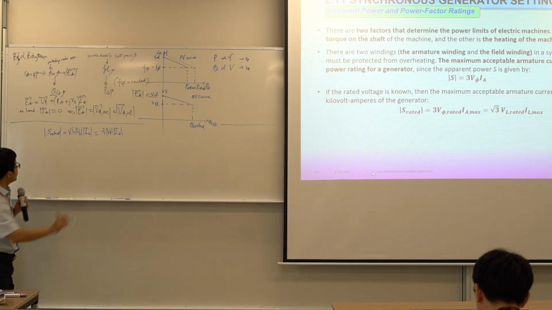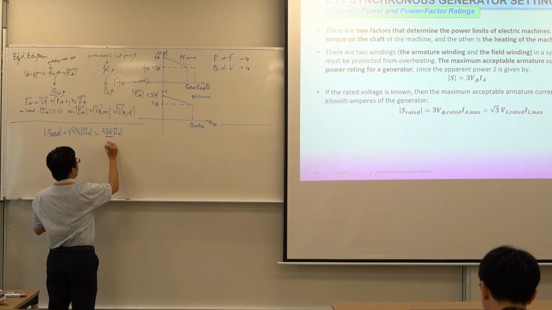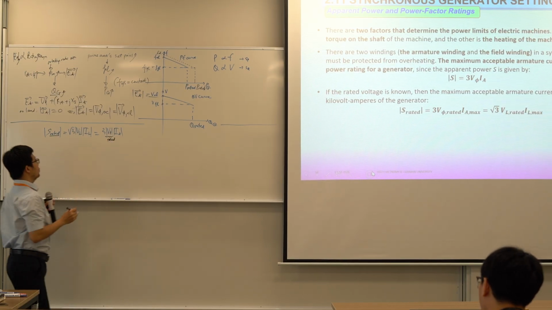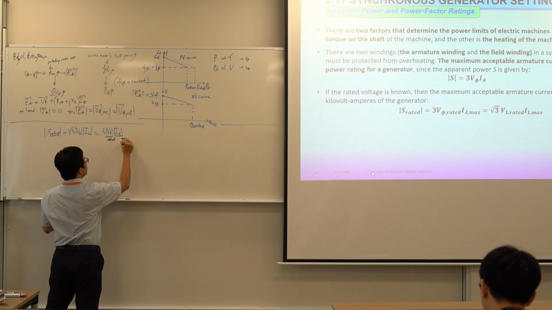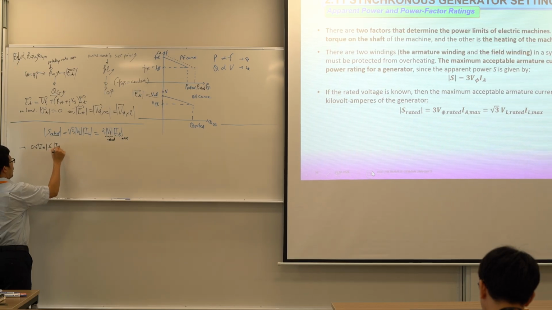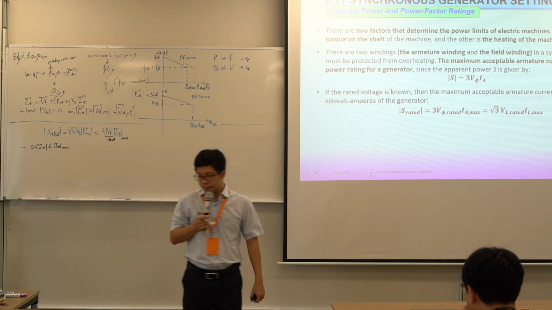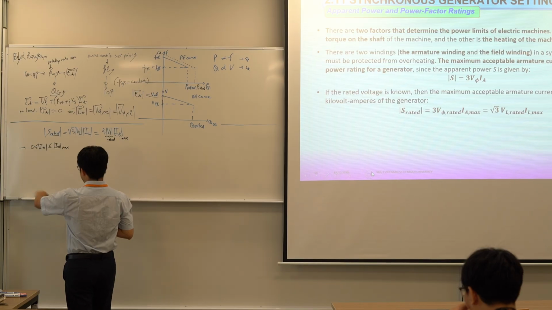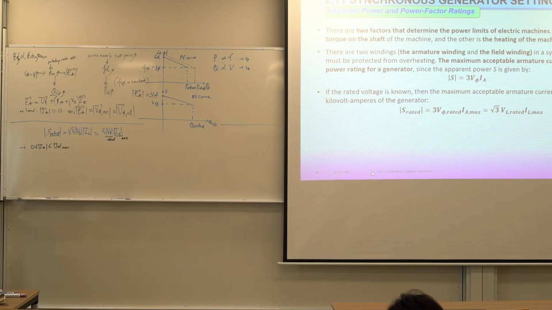But this one is rated, so V phi is always constant. So here it should be the rated voltage. And since it's rated, we need to limit IA to a maximum value. So we have the condition: IA should be greater than or equal to 0 and less than or equal to IA max. This is the idea of rated apparent power and its maximum armature current.